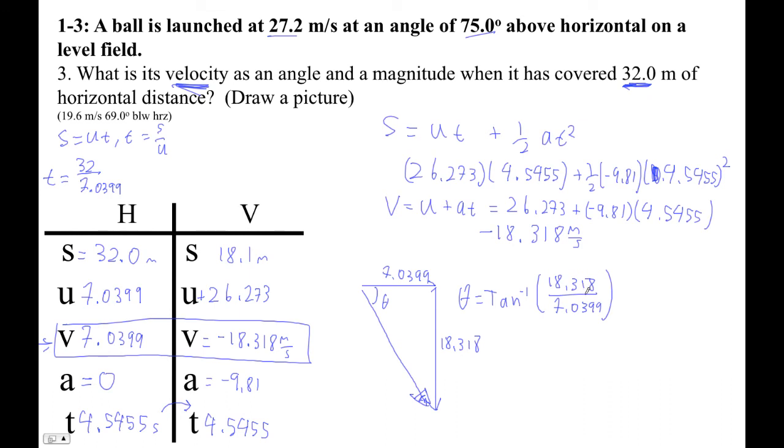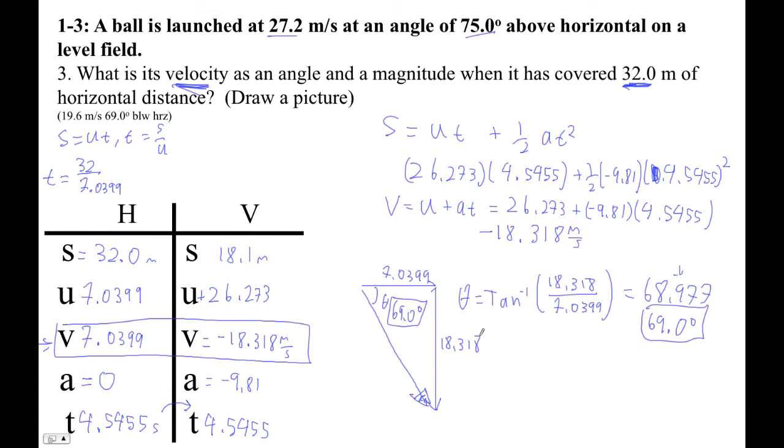I'm getting 68.977. Of course, now if I have to round this to 3 sig figs, it has to go up, so it becomes 69.0. That's the hardest part of the whole problem, is rounding that, right? 69.0 degrees.